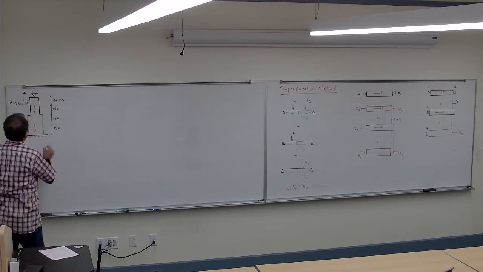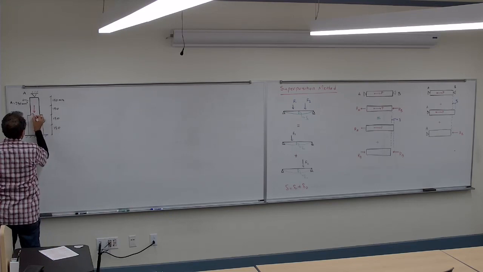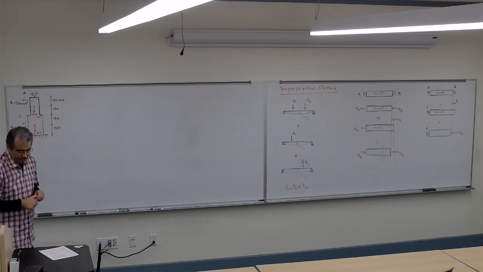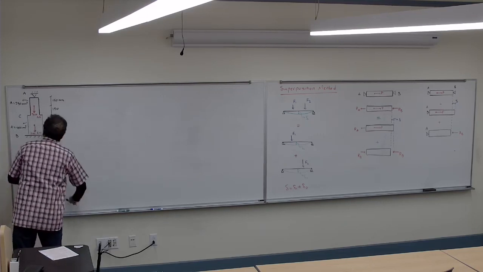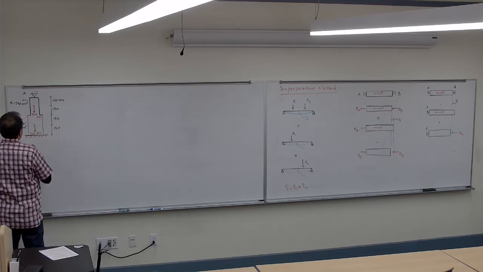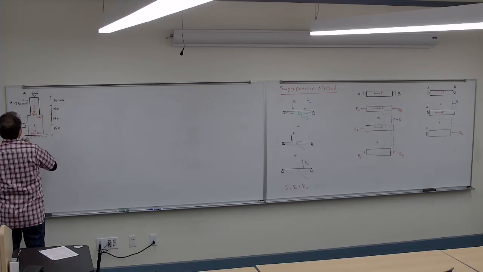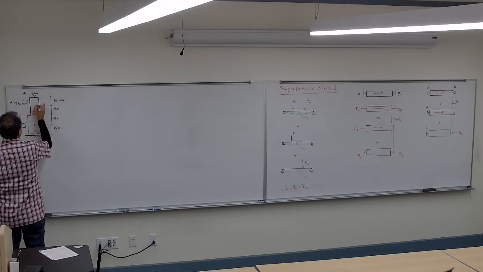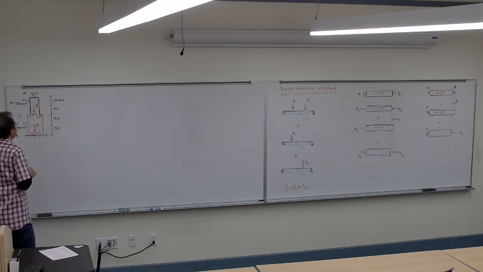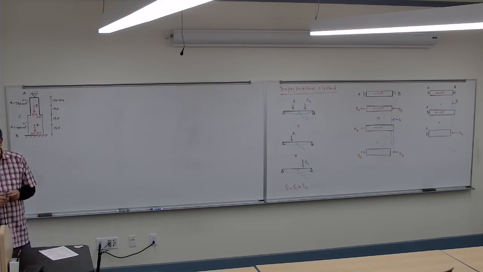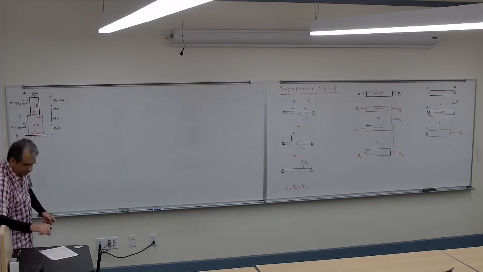300 and 600 kilonewton. So this one is 300 kilonewton, and this one is 600 kilonewton, at points D and K. Okay, if we have these, what do we look for?